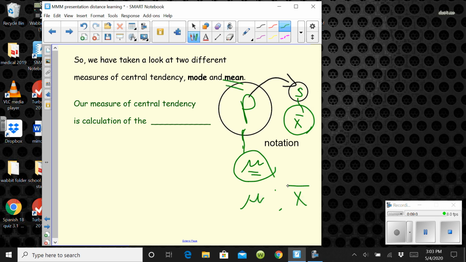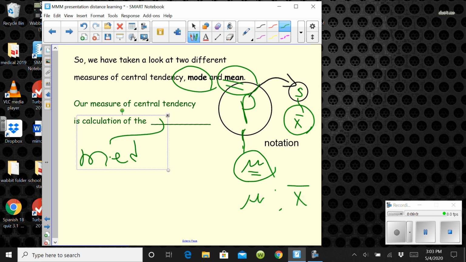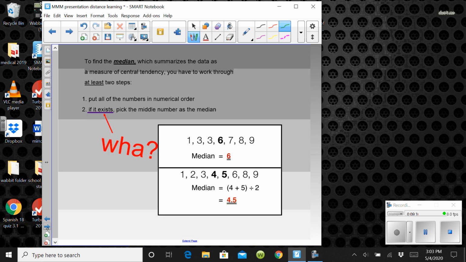Okay, so we've got the mode, we've got the mean, then our third measure of central tendency is the median. And you've calculated median before, right? I looked up median in the dictionary, and the dictionary said you got to do two things. Put the numbers in order. It's important to put them in order, right? And then if it exists, pick the middle number as the median.